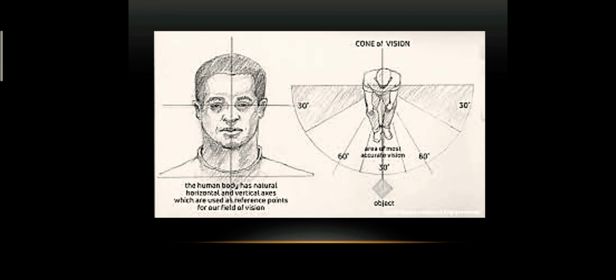The human body has natural horizontal and vertical areas which are used as reference points for our field of vision.